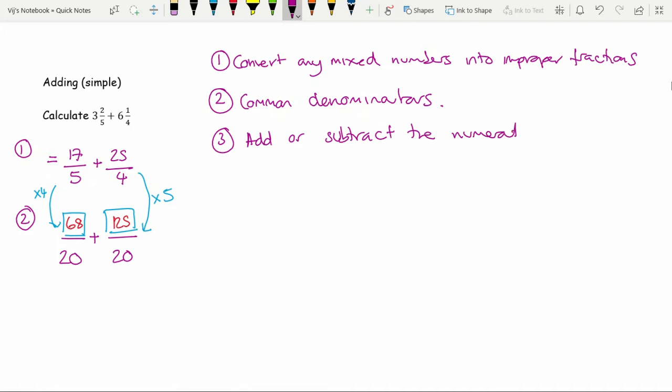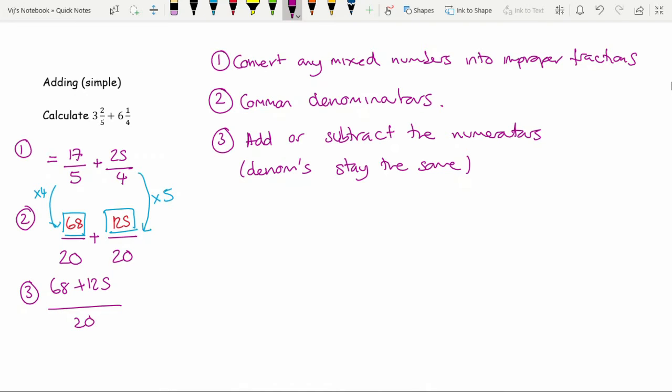The key thing with this, and not to get confused with multiplying, which we'll move on to next, is that the denominators stay the same. So the only thing we're doing is affecting the numerators. So with step 3, I've got 68 plus 125 all over 20, and 68 plus 125 gives me 193.